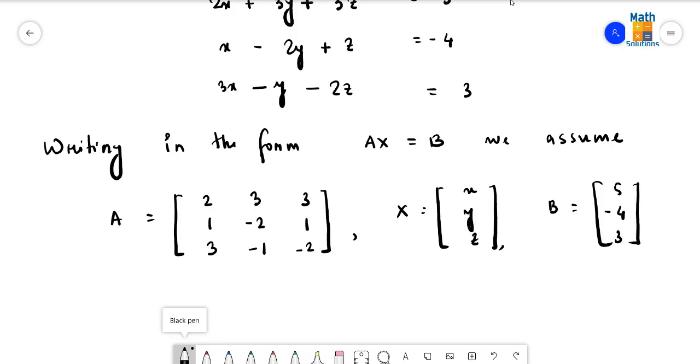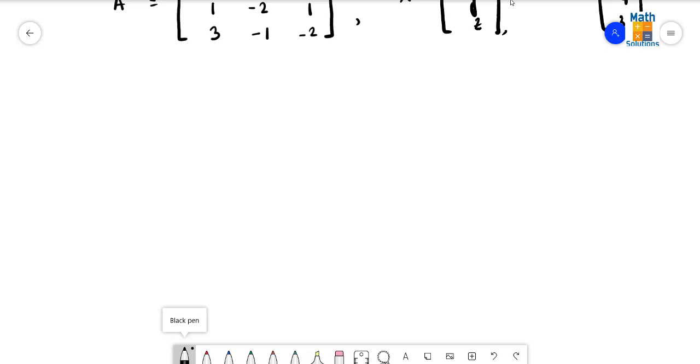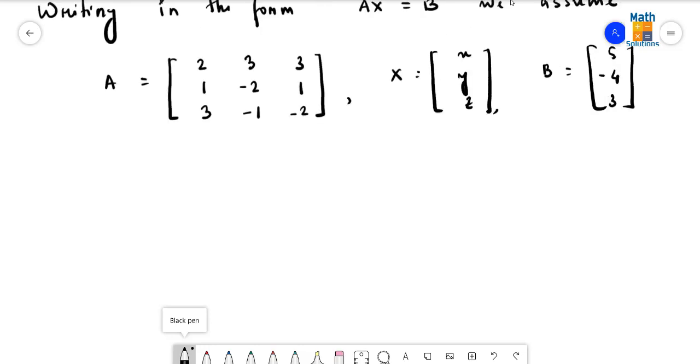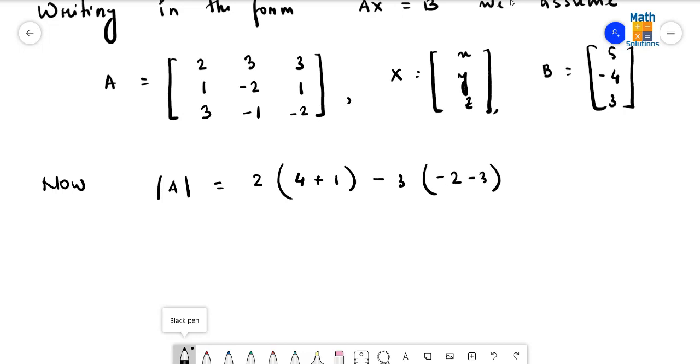So after this, the determinant value we need to find out. What is the determinant of A? Now, determinant of A is equal to, expanding along the first row, 2(4 + 1) − 3(−2 − 3) + 3(−1 + 6).